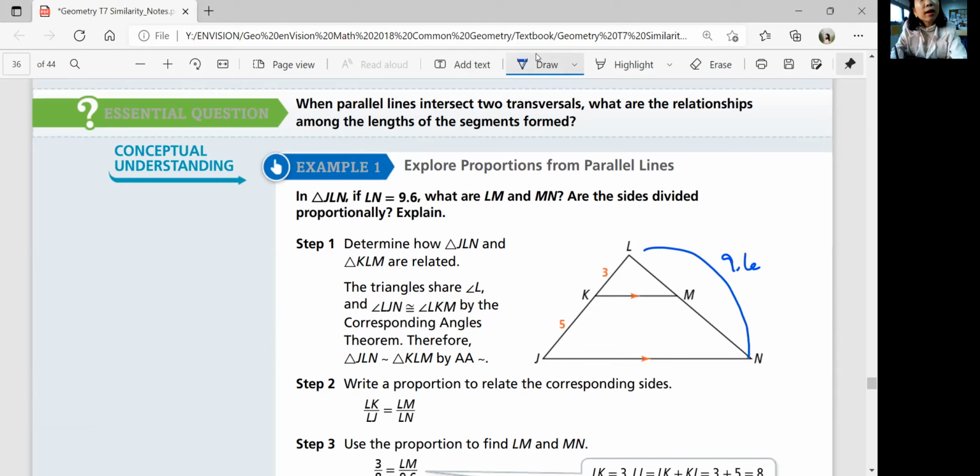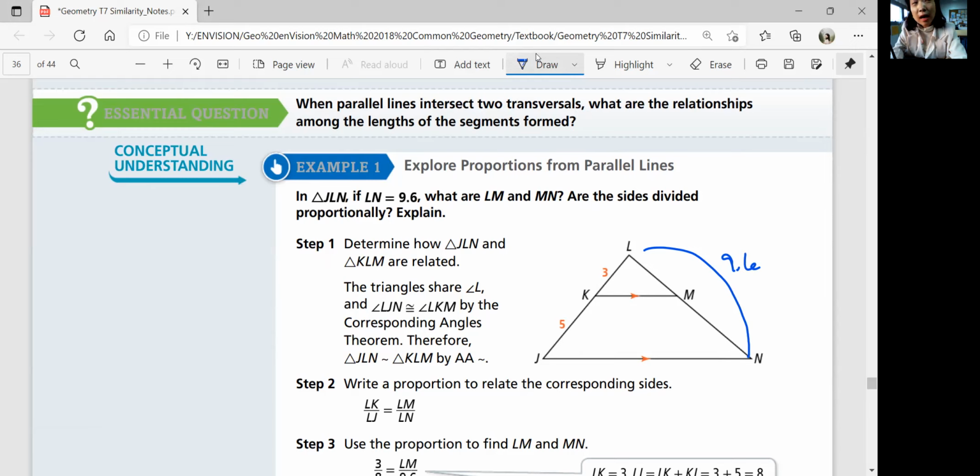What are LM and MN? If we know LK is 3 and KJ is 5, and these are parallel lines. Are the sides divided proportionally? Explain. Determine how triangle JLN and KLM are related.